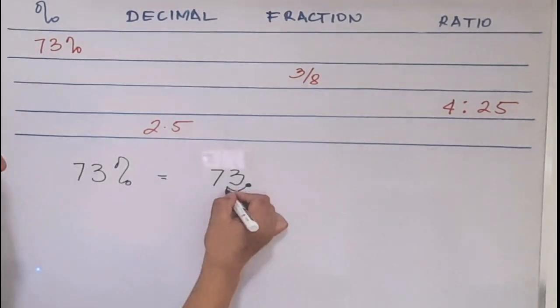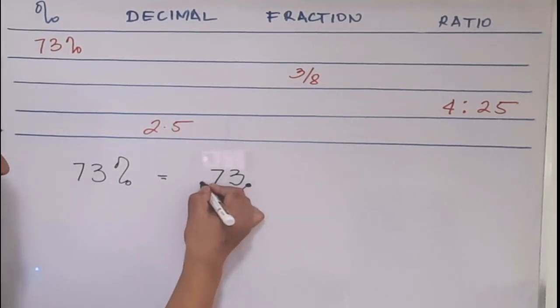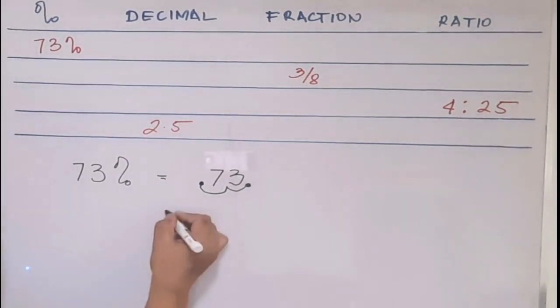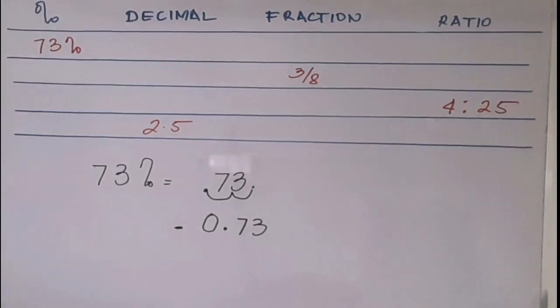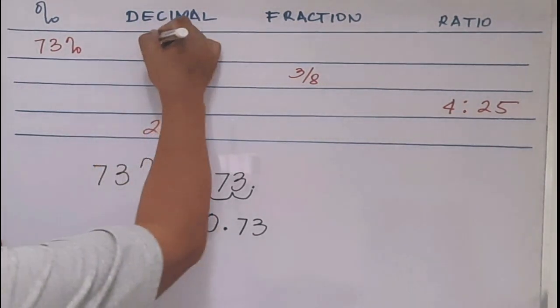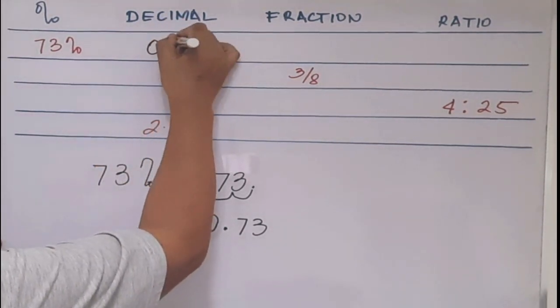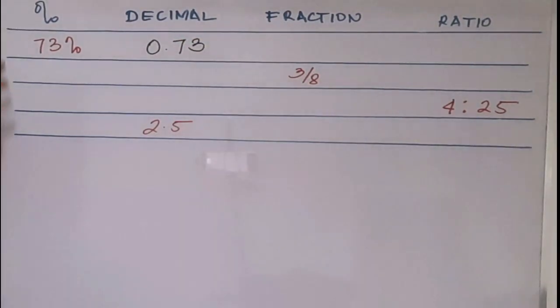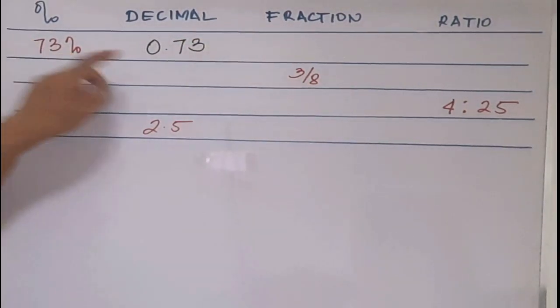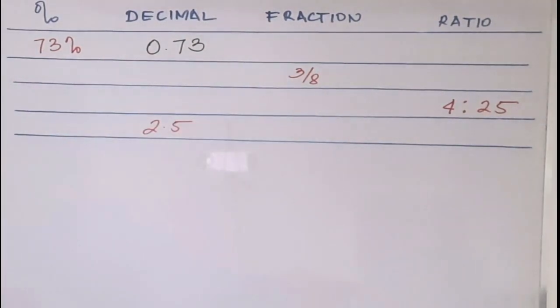That's 1, that's 2, and that is your decimal. Therefore, converted to a decimal it becomes 0.73.